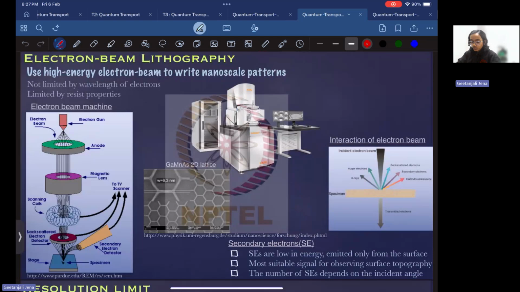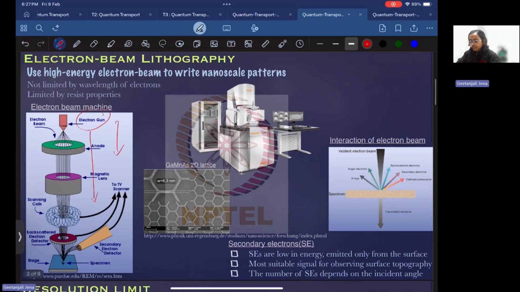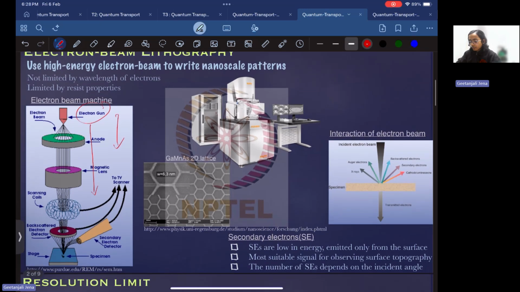We use a high energy electron beam to write the nanoscale pattern on the surface of the substrate. In this schematic of the electron beam process, we have an electron gun where electrons are emitted from the cathode. Then the electron beam goes through an optical stage where it is collimated and focused onto the sample.